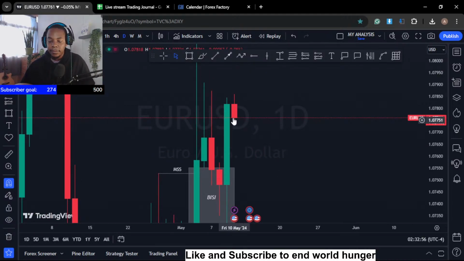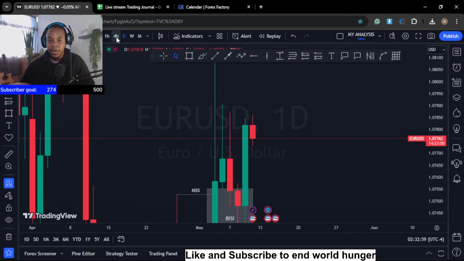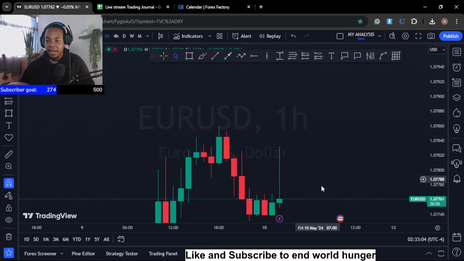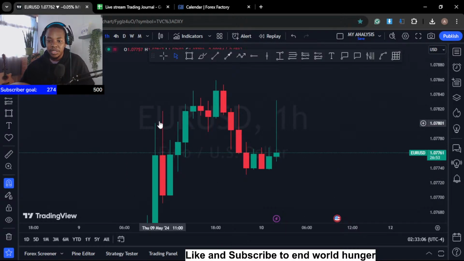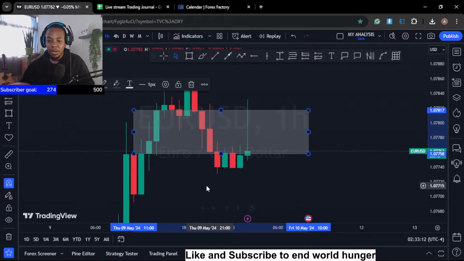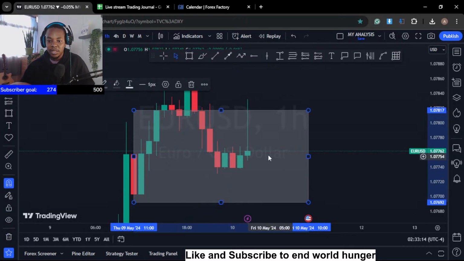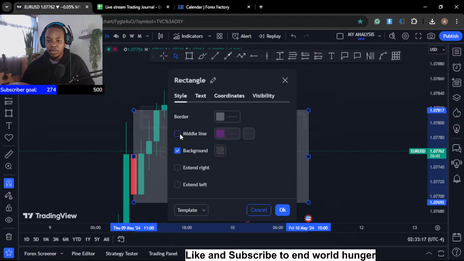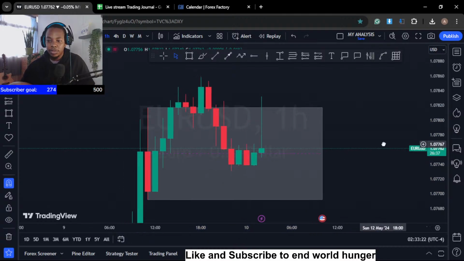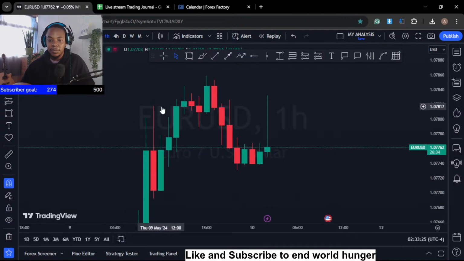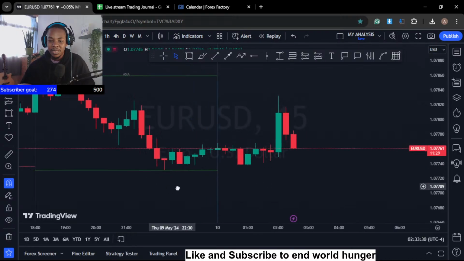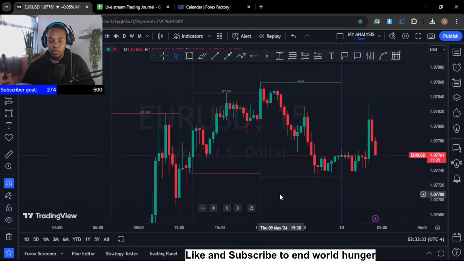So yeah, still expecting more higher prices on that, and currently we're in a discount, so it's a good place to take a buy, and then also price rejecting off of the week's order block. And then obviously if we take the whole candlestick and then we're looking at the mean threshold, price is just playing around that mean threshold of that bullish order block. So we'll just see how that actually plays out. But if price can take out that sell side, if it can take out that Asia low, I'll be happy to look for buys.